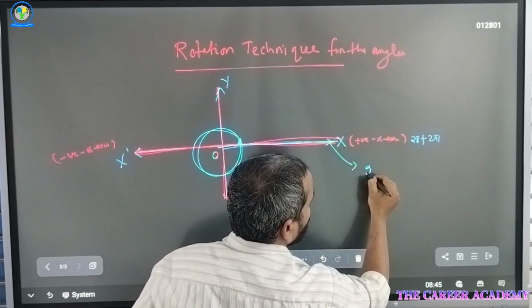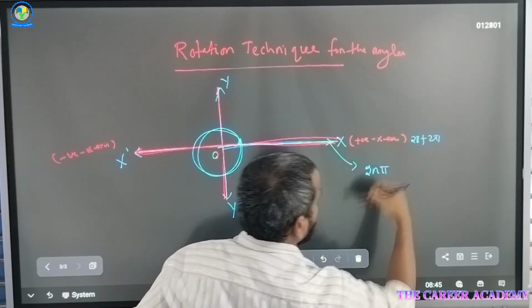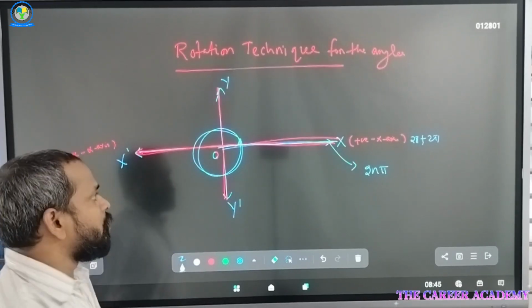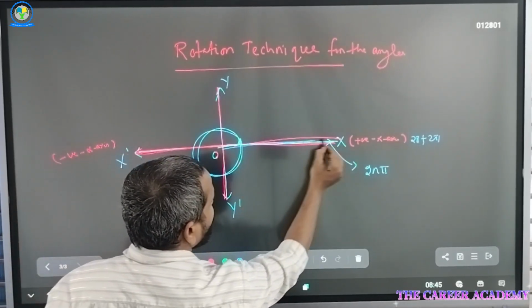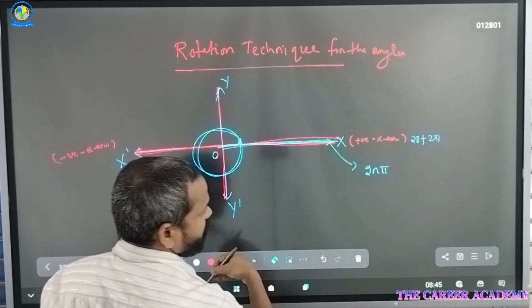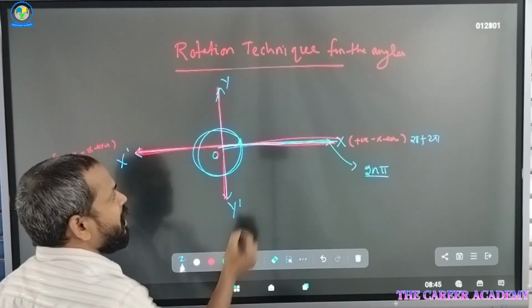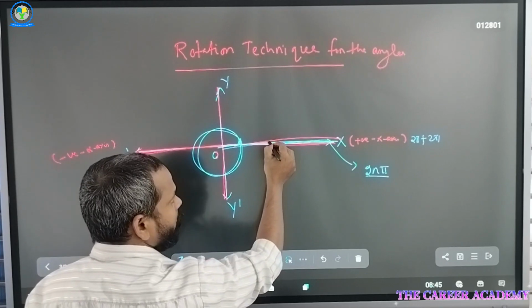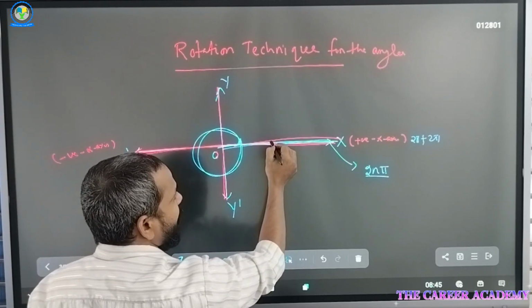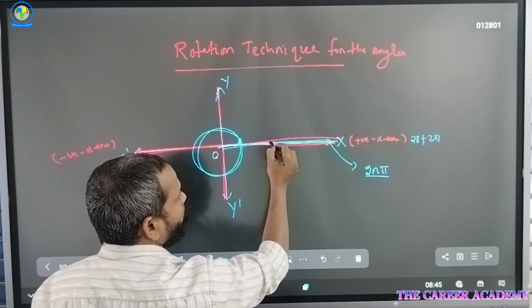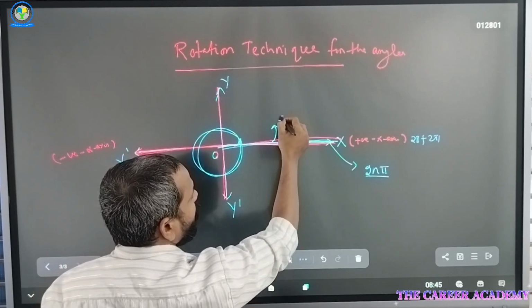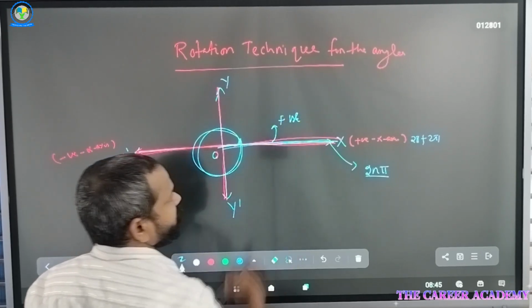It is the even pi form, 2n pi. Clear students? When we have this positive x-axis, it is the even pi form. And when I am here, I add some angle to 2n pi. It is the first quadrant.